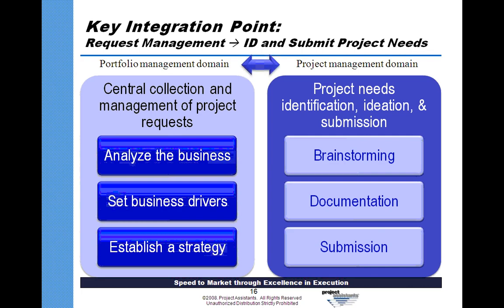Now what you'll notice is, while we say there's a connection point between the left side and the right side, the sub-processes underneath don't necessarily connect with one another. So while portfolio management is analyzing the business, setting business drivers, establishing a strategy, and obviously other things like communicating that strategy and making sure the business lines understand what that is, what we would see out in project land is that needs are identified, ideas are generated, and these things need to be submitted.